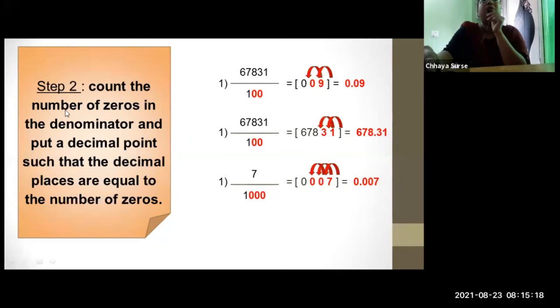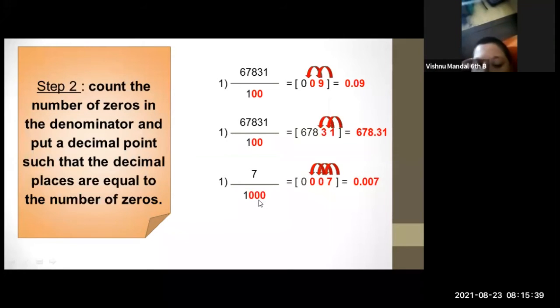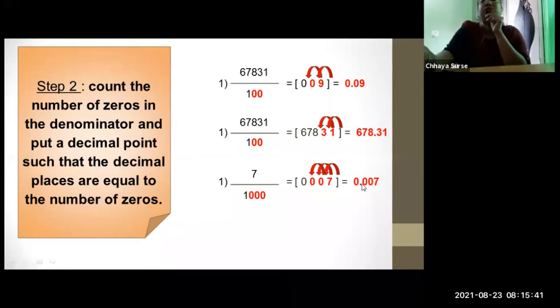Here also count the number of zeros in the denominator and put a decimal point such that the decimal places are equal to the number of zeros. Next number is here. 2 zeros are here. So before the 2 digits, we put the decimal point here: 0.07.